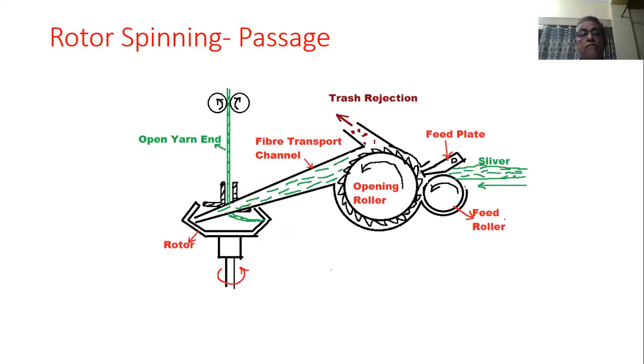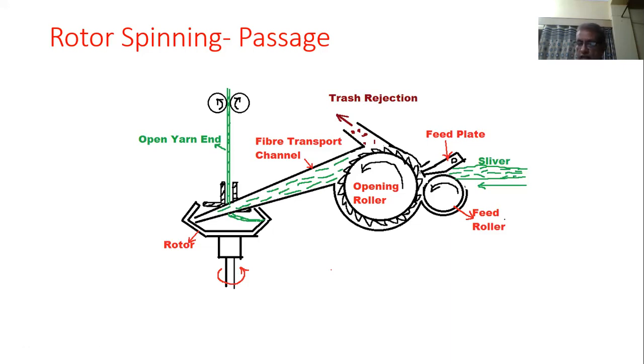So this diagram shows you the passage of the material through rotor spinning. This rotor spinning machine is very popular in the industry, and this is very much economical also. So what are the features of this machine?